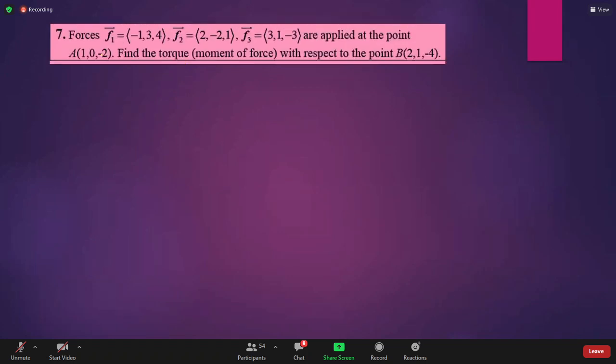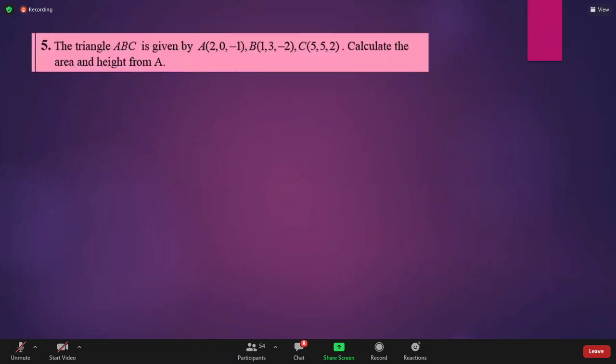The area and height of a triangle: the area would be, again, find the vector product, take the magnitude, half of the magnitude, find the base to find the height. So we can actually finish this next time. Let's do the forces.